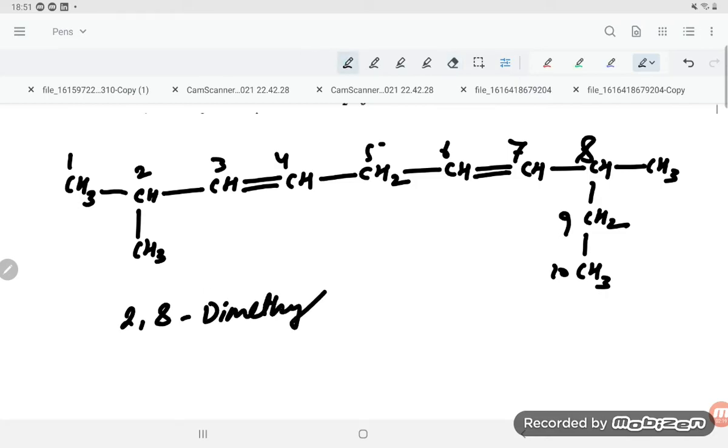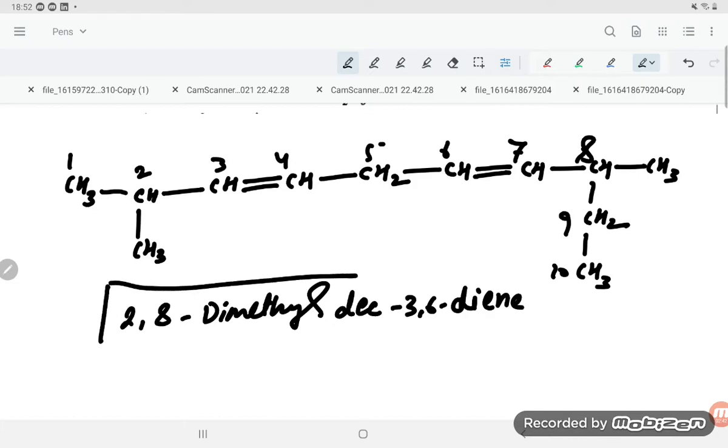This is the group, 2, 8 dimethyl. Then what is there, student? 10 carbon is there, dec, and the double bonds are at 3 and 6, so 3, 6 diene. So it is 2, 8 dimethyl dec 3, 6 diene. This is our IUPAC name, student.